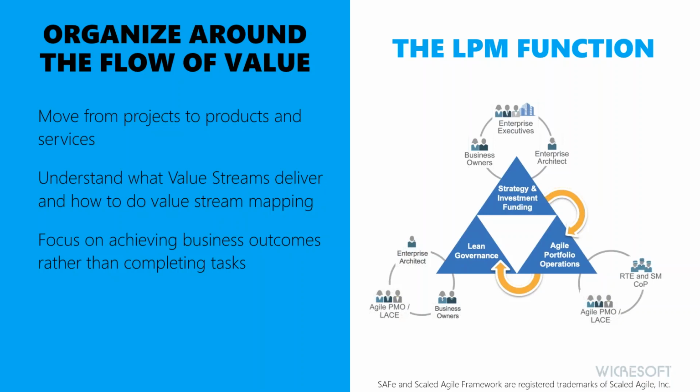More of that later. Another piece is understanding value streams and how to do value stream mapping. I'll touch on that in a second. And ultimately, it's all about business outcomes rather than tasks. Now, on the right, there's a triangle here that represents the three big areas of LPM. One is strategy and investment funding.